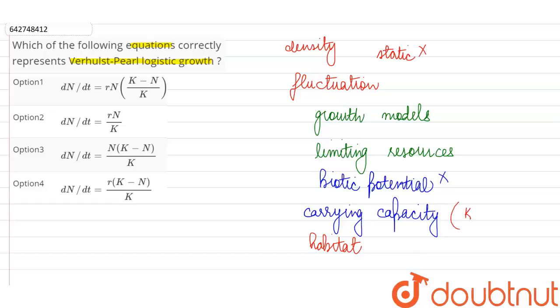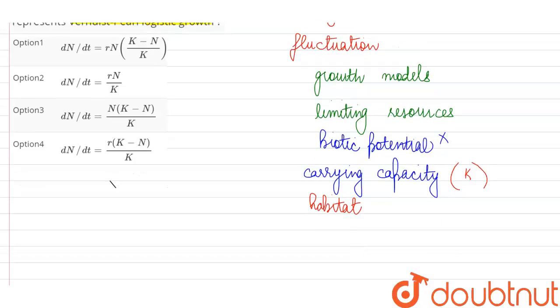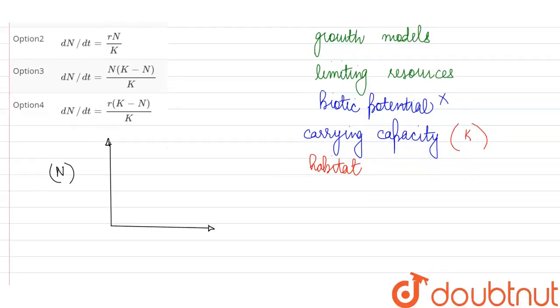So we use K to represent this carrying capacity, and if we plot such logistic growth on a graph, then let's see what kind of curve we are going to get. Suppose like this, we are taking population density, that is N over here, and over here we have the time, that is t.